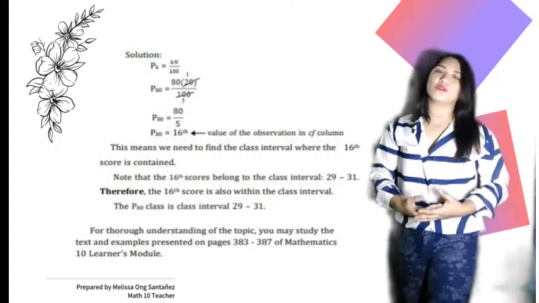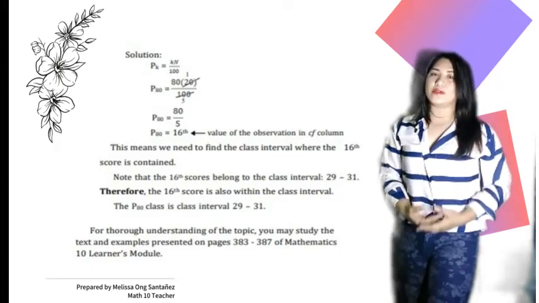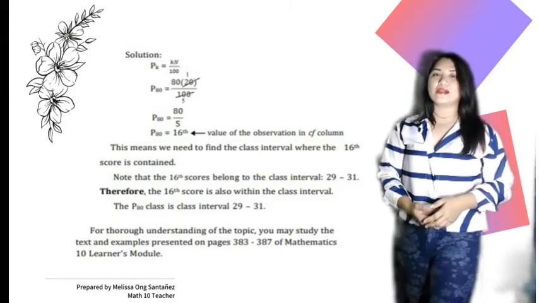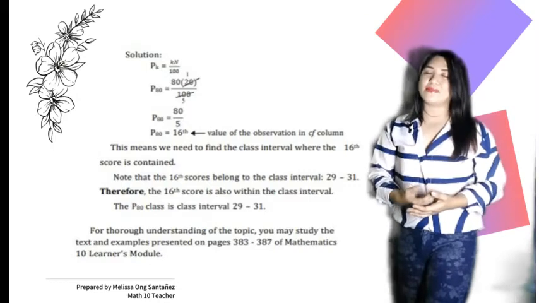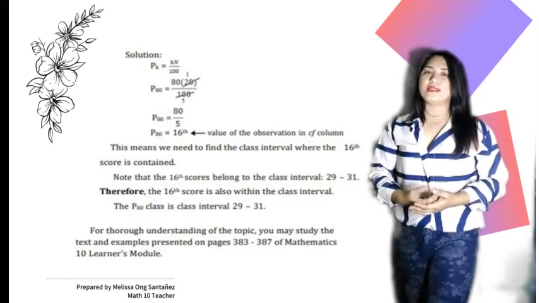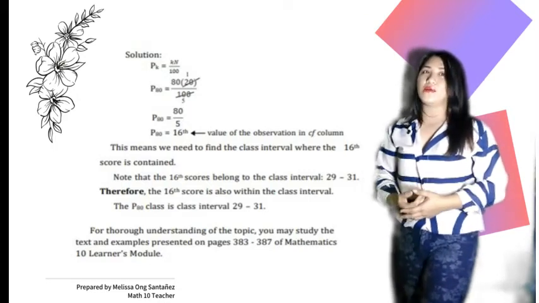As I have mentioned, our divisor is 100 because we are talking about percentile, that means 100 equal parts. So for Pk, we'll just substitute the values. For P80, our k will be 80.